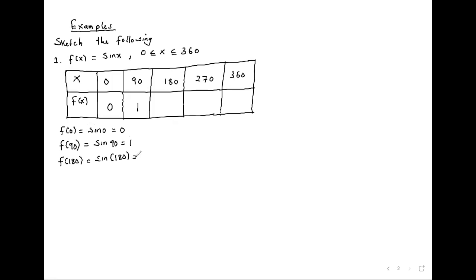Sine 180 is 0. So we put 0. What is f of 270? Sine 270 is -1. 360, sine 360, this is 0.